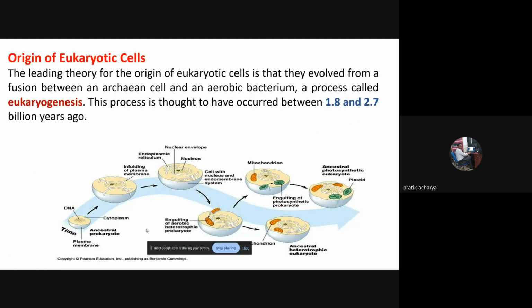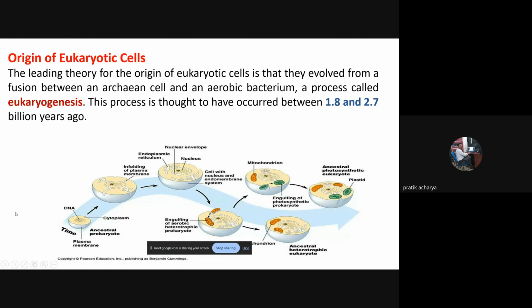Now, the origin of eukaryotic cell. The leading theory is that the eukaryotic cell evolved from a fusion between an archaeal cell and an aerobic bacterium, a process called eukaryogenesis.